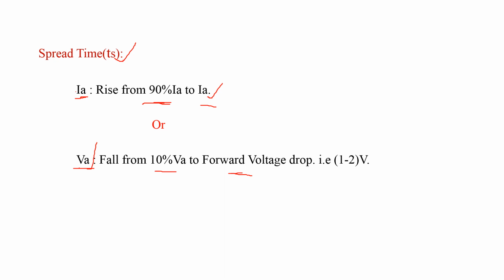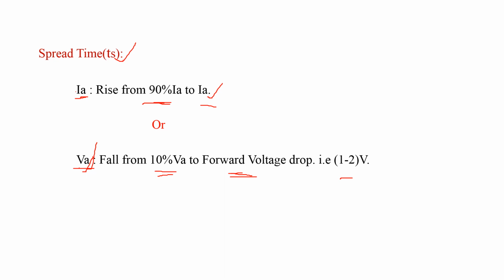We know the forward voltage drop across the SCR is 1 to 2 volts. That is, the spread time is the time taken by the anode voltage to decrease from 10% of VA to the forward voltage drop. These are the dynamic characteristics during turn on period of the SCR.